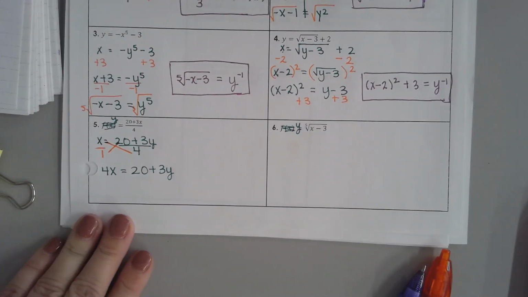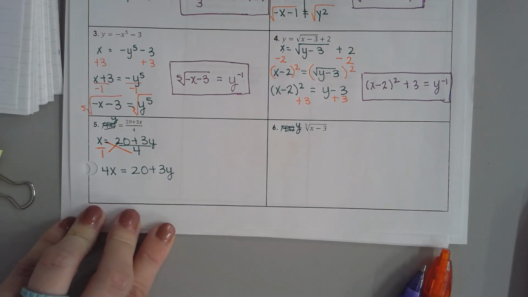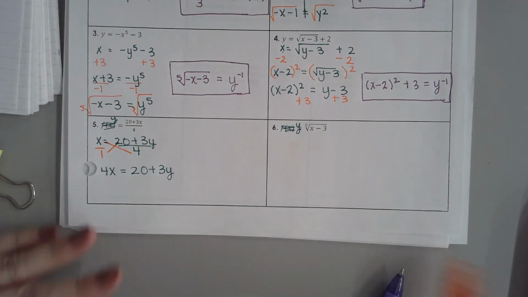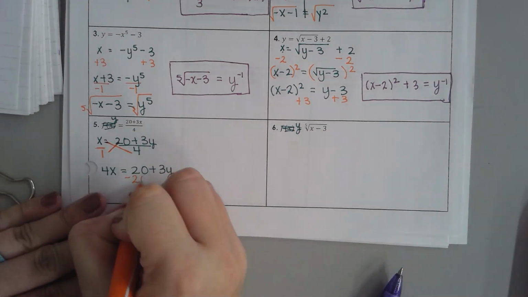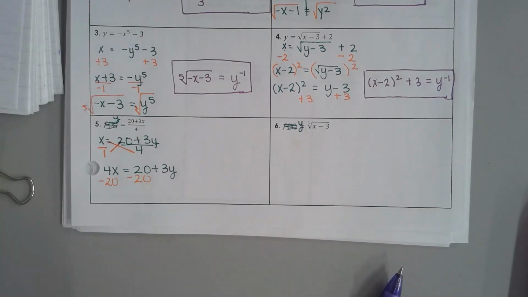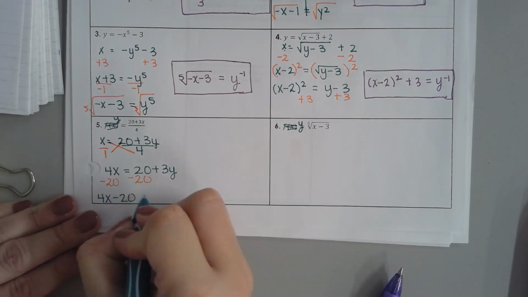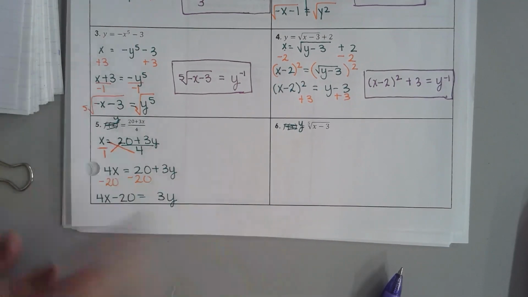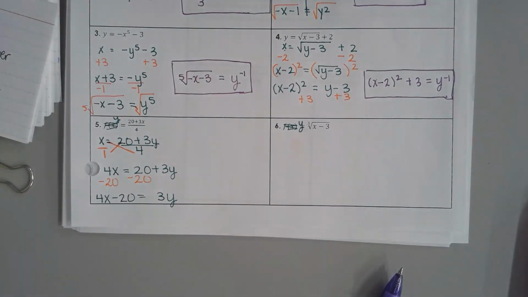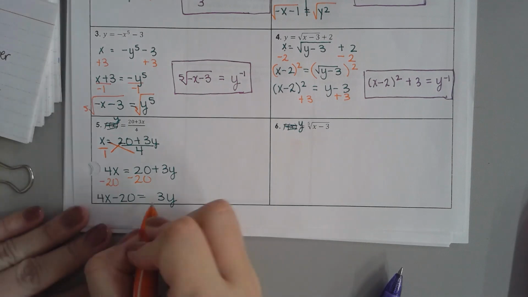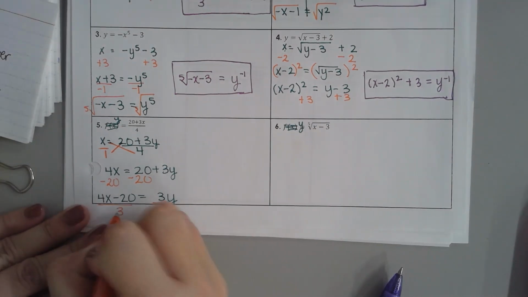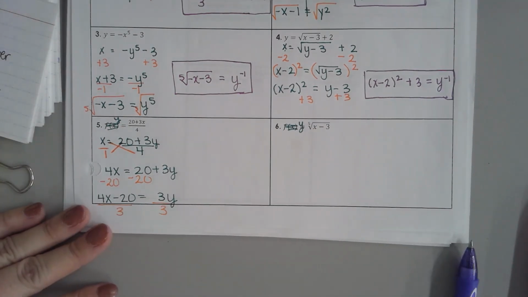And then I can finish solving this to get y by itself. So we subtract 20. And what's my last step? Divide by 3. Do I need to change any signs?